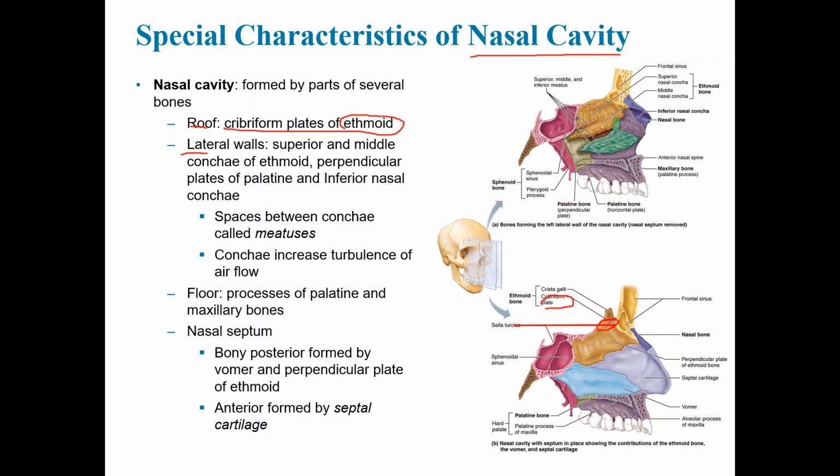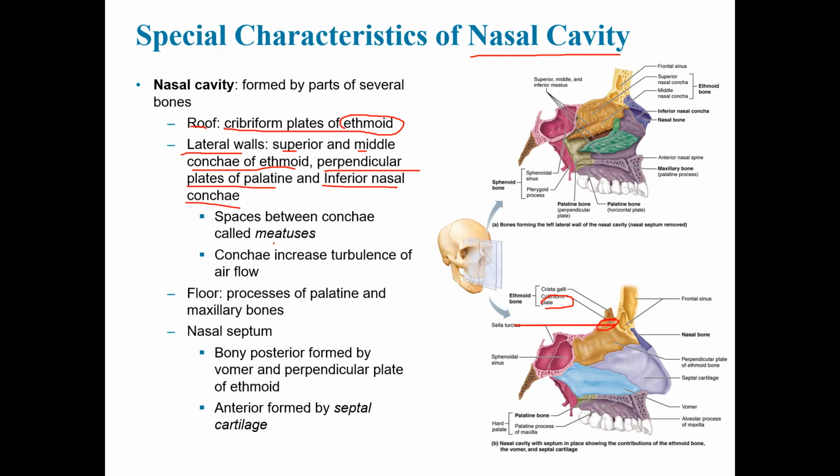The lateral walls are formed by the superior and middle conchae of the ethmoid, the perpendicular plates of the palatine, and the inferior nasal conchae as well, okay? And the spaces between the conchae are called meatuses, or singular meatus.